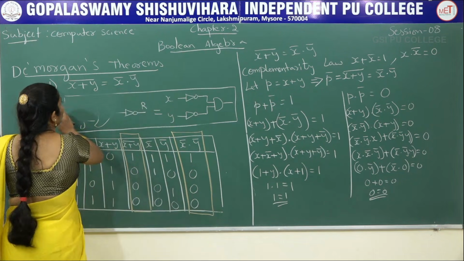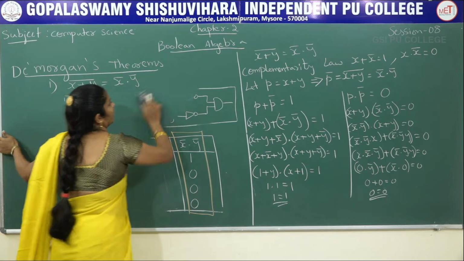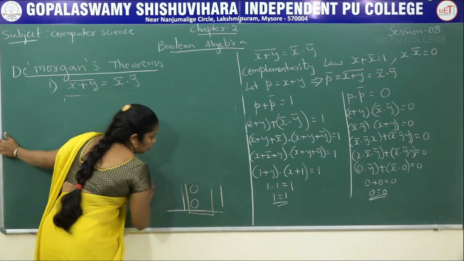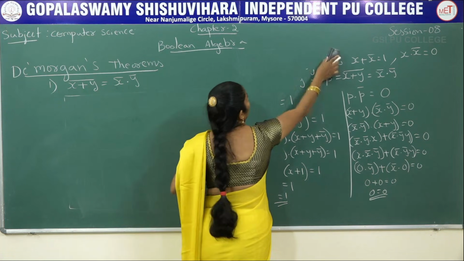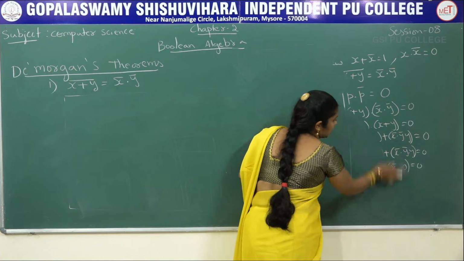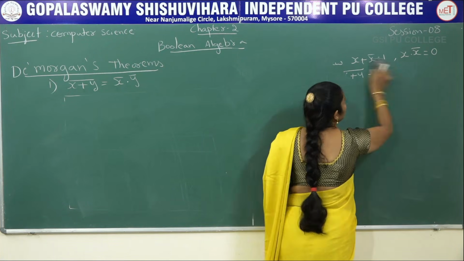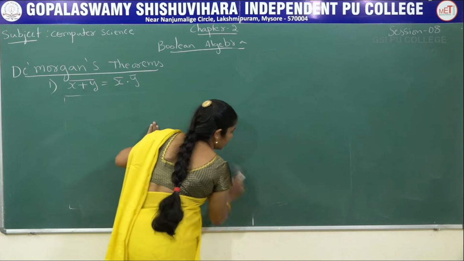Next, I am going to explain the second De Morgan's theorem in the same pattern, that is by writing the circuit diagram, truth table, and then we will solve that by using the complementarity law. If the complementarity law proves it, De Morgan's theorem is also considered proved, because there we are applying the concept of De Morgan's.